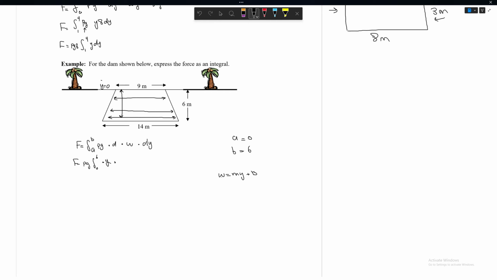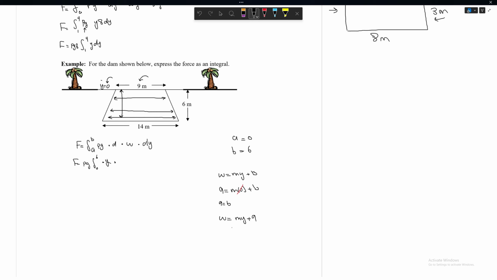So we know at y equals 0 the width is 9. So 9 equals m times 0 plus b, and this goes to 0, so we know 9 equals b. Simple as that. Now that we got our b, we can declare the equation again: w equals my plus 9.